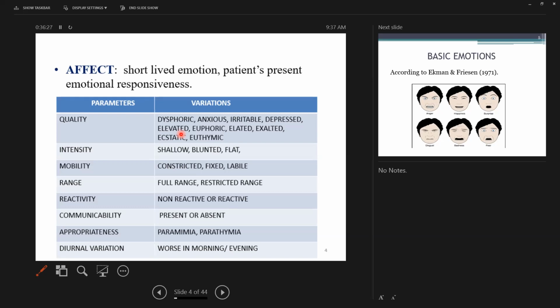Similarly, depression versus psychosis is a difficult differential diagnosis because you are unable to differentiate whether this is because of the psychotic state or the depressive state. So you have to assess whether this is shallow affect or depressive affect.